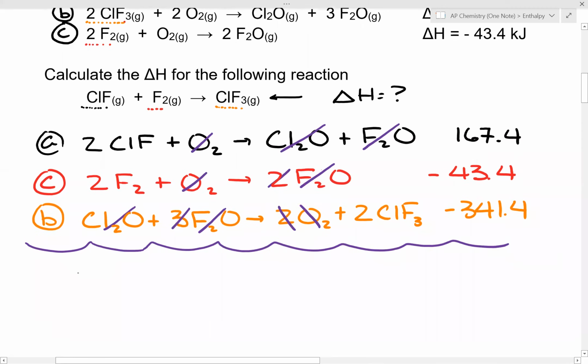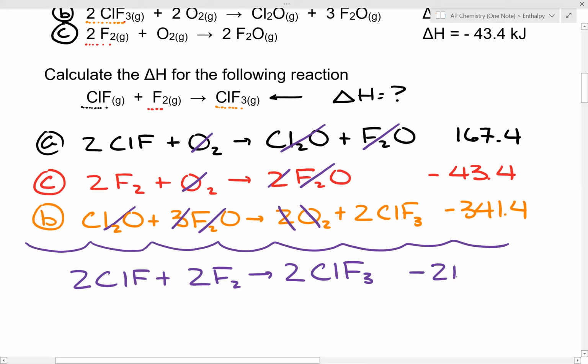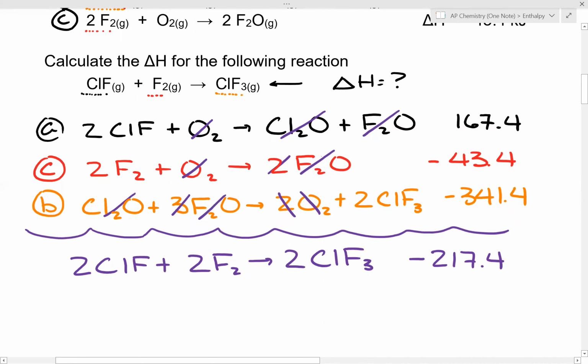What we're left with is 2 ClF plus 2 F2 gives you 2 ClF3. If we combine all of the delta H's together, we get negative 217.4.